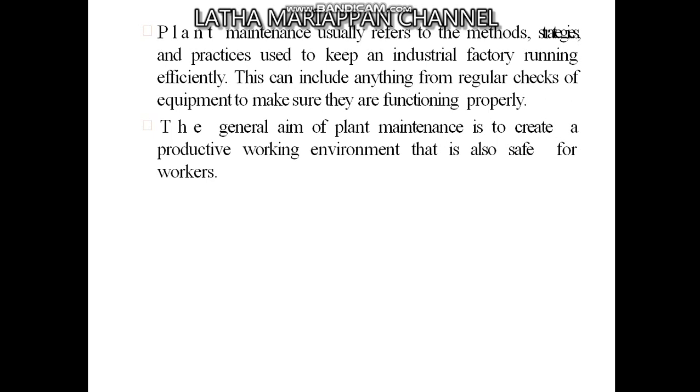The management also will get profit, because if during the running process any machinery breaks down, they have to face the loss. So if you maintain the machinery and plant properly, they won't get any problem, and both will be satisfied.